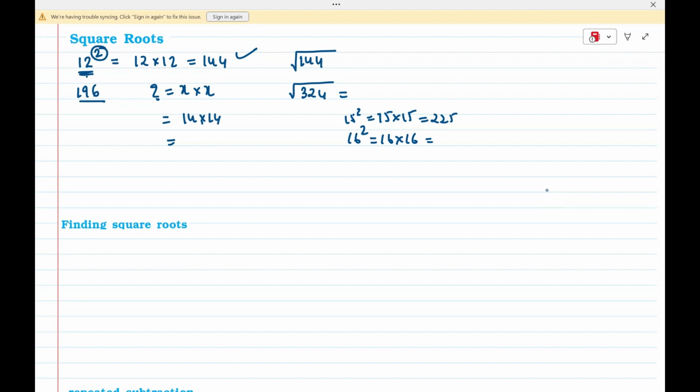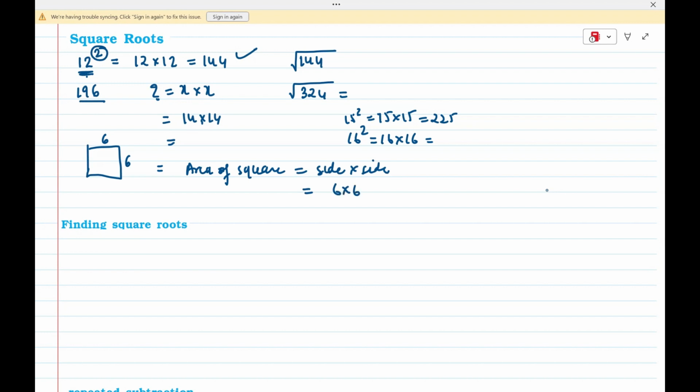Suppose I have a square whose side is 6 and 6. I know the area of a square is side into side, correct?